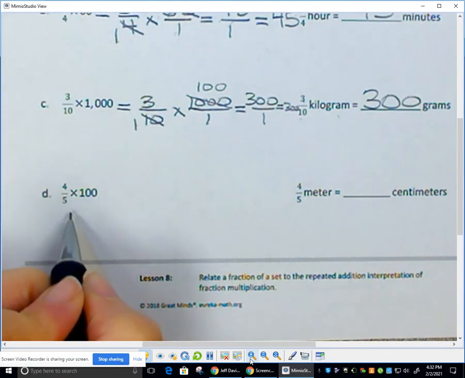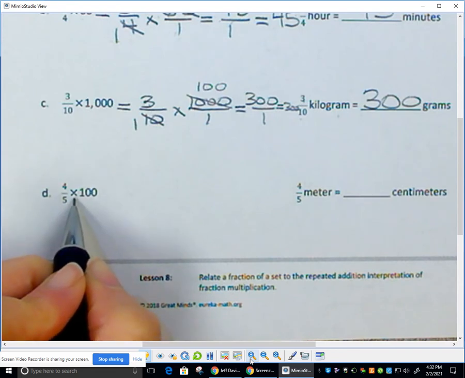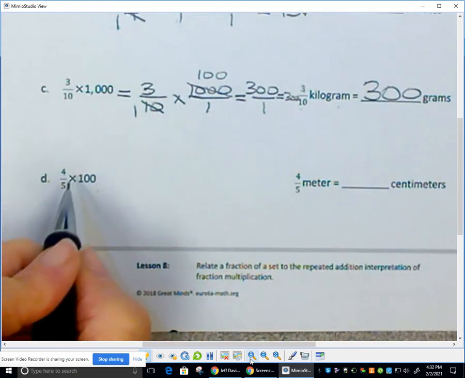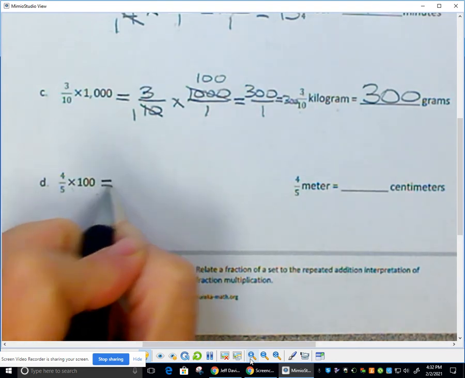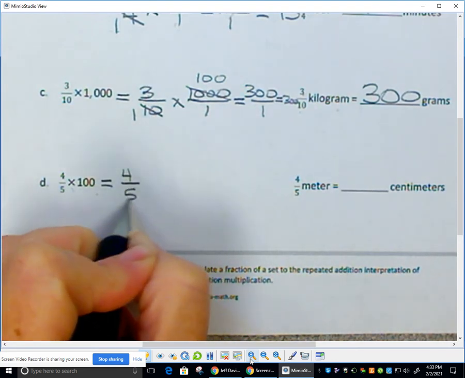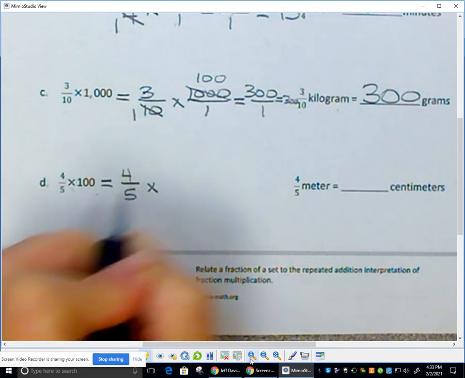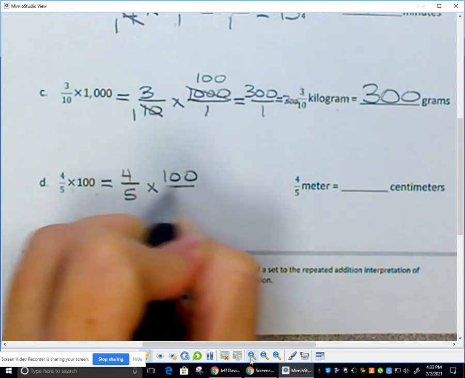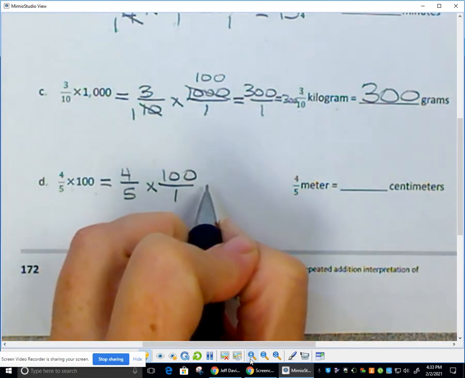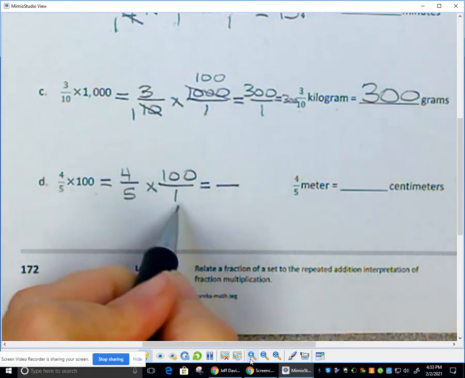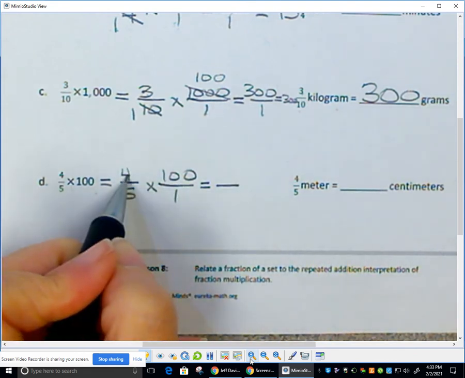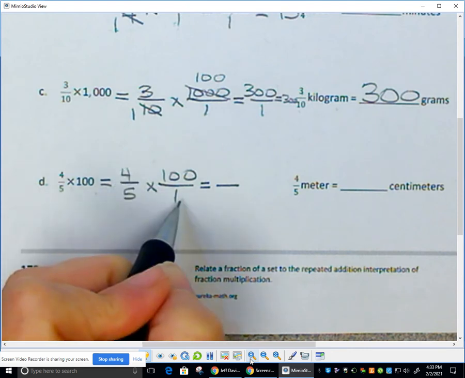Now, 4/5 times 100. Or if we want to know what 4/5 of 100 is. 4/5 times 100 over 1. Let's cross cancel. 1 into 4, remember, nothing's going to change there.